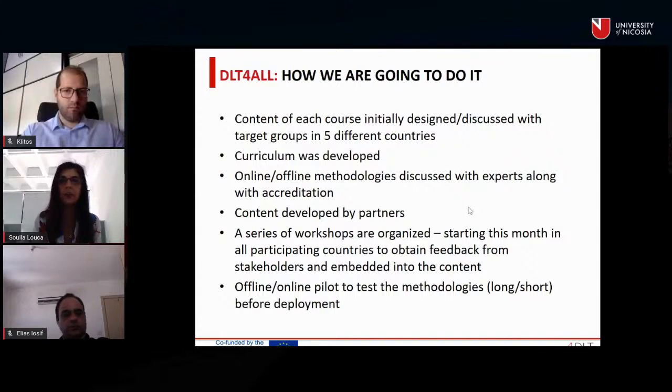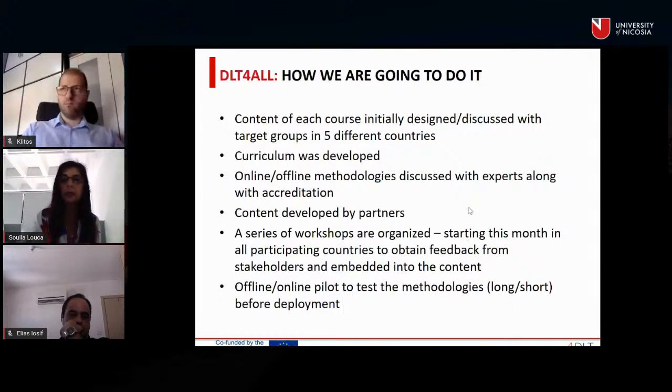A series of workshops, of which this one is also a part, started last month, in which all the participating countries are obtaining feedback from the various stakeholders, so that we are able to co-design the material and content related to the needs and requirements of all of you that are online with us and the target groups.